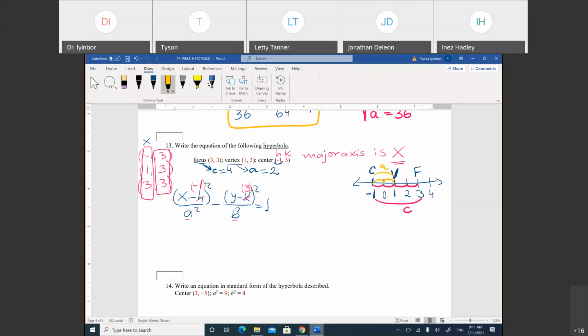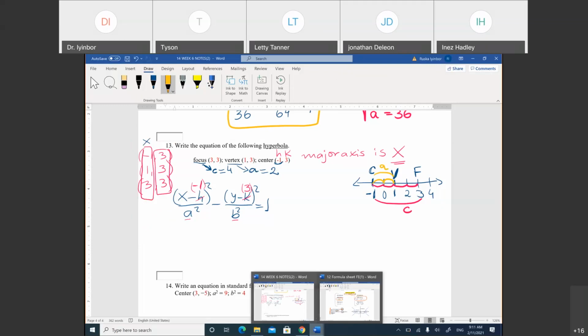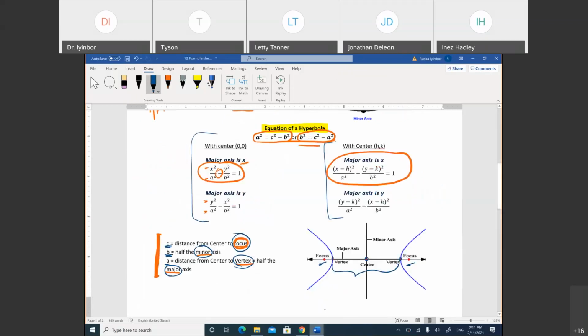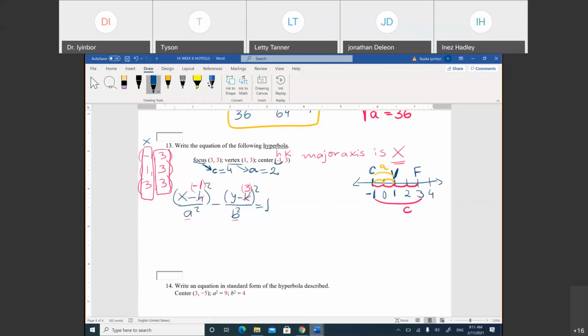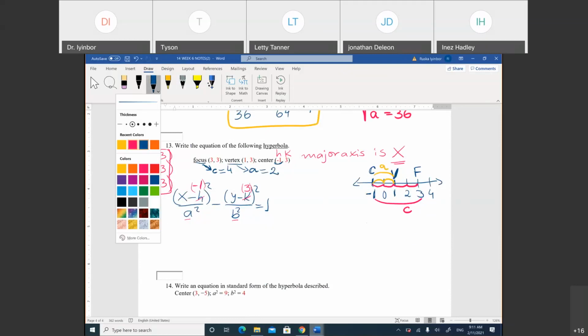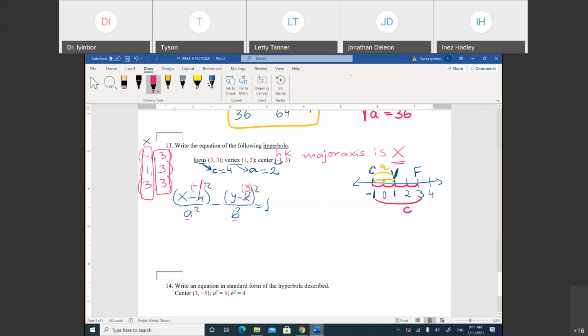So now we have A, we have C, we have to find B. And the formula to find B is the same, C squared minus A squared. So B squared is equal to C squared minus A squared, and you're gonna plug it in.